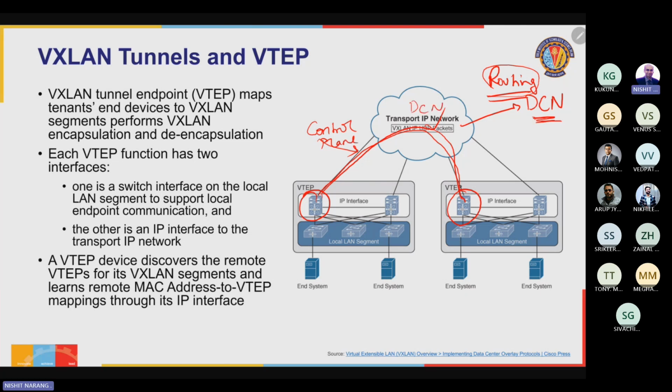But then there's another part, the question which we had parked earlier: how does a VTEP in the overlay network know what is the VTEP serving the destination VM? So this is the source VM, this is the destination VM. How does the source VTEP get to know which is the destination VTEP serving it? That is the control plane that exists in the overlay network.